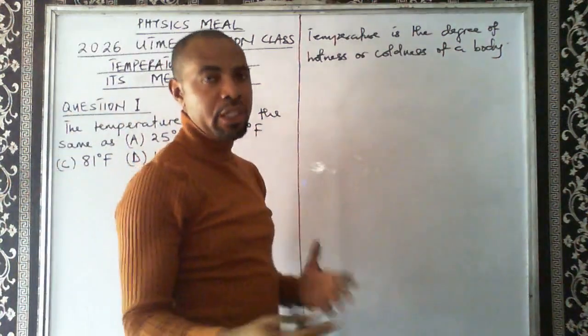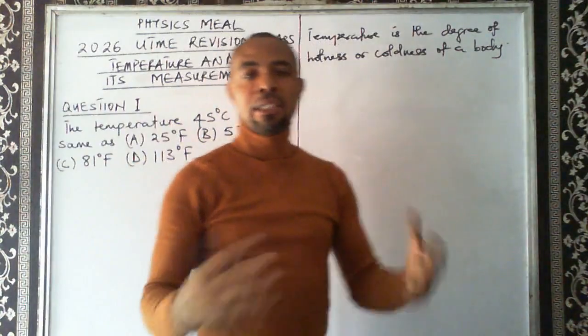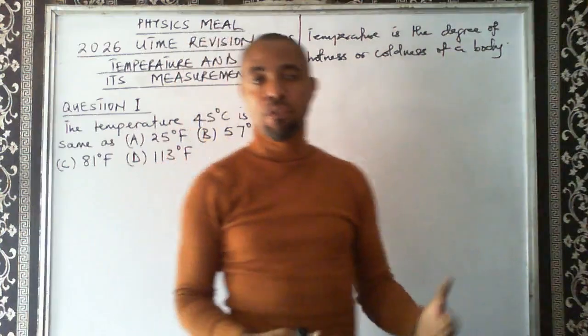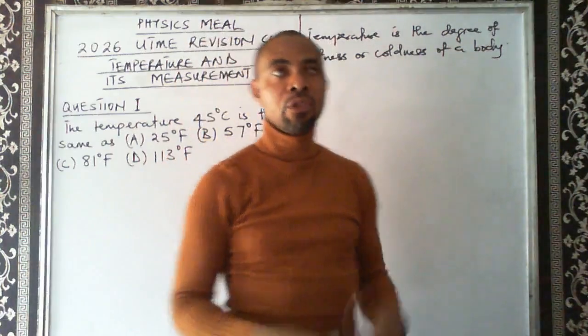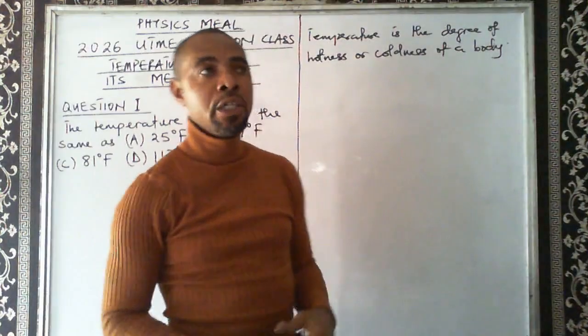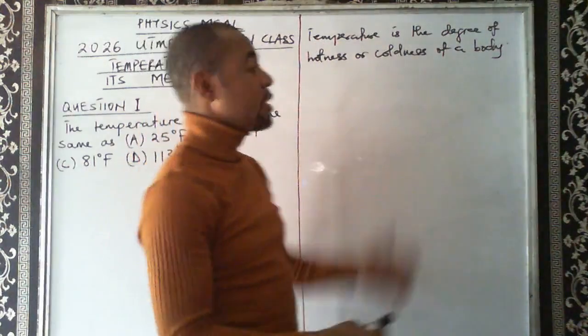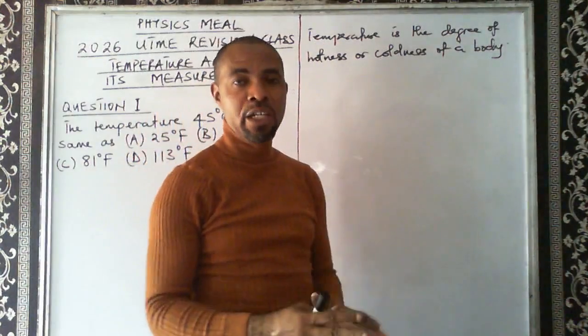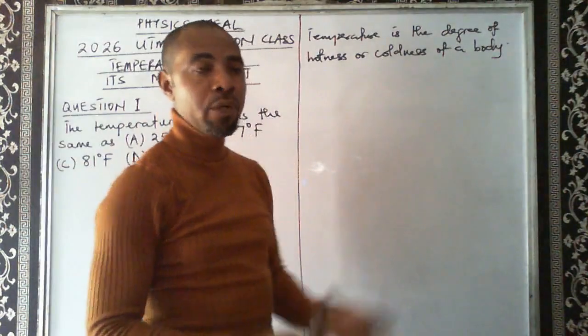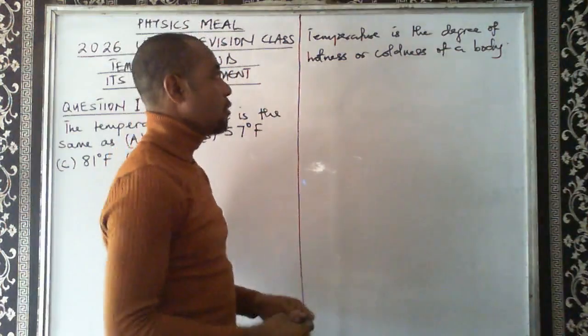We can also say that temperature is the thermodynamic property that shows the direction of heat flow between bodies. But generally we define temperature as the degree of coldness or hotness of a body. How cold or how hot a body is, is the temperature of the body.